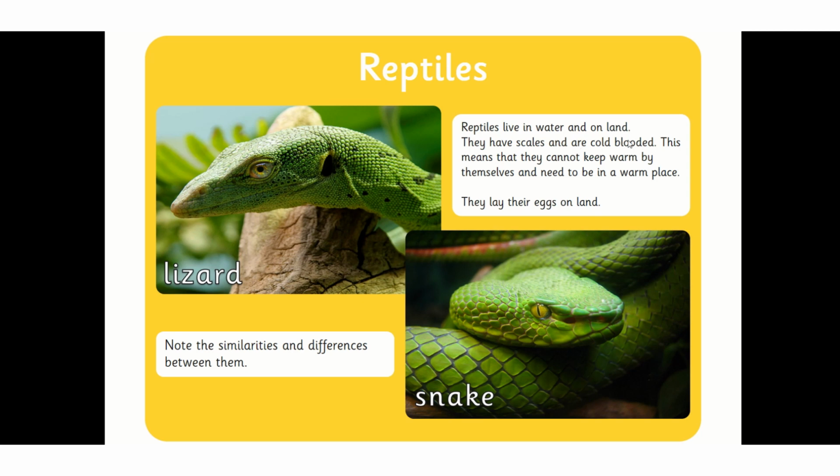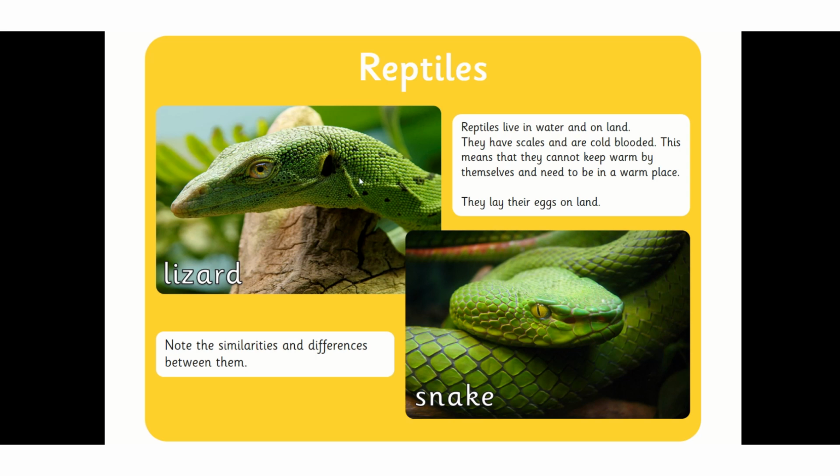Because they are cold-blooded, this means that they cannot keep warm by themselves and need to be in a warm place. They lay their eggs on land. So that's another difference, isn't it, between reptiles and amphibians. Amphibians lay their eggs in water. Reptiles lay their eggs on land.